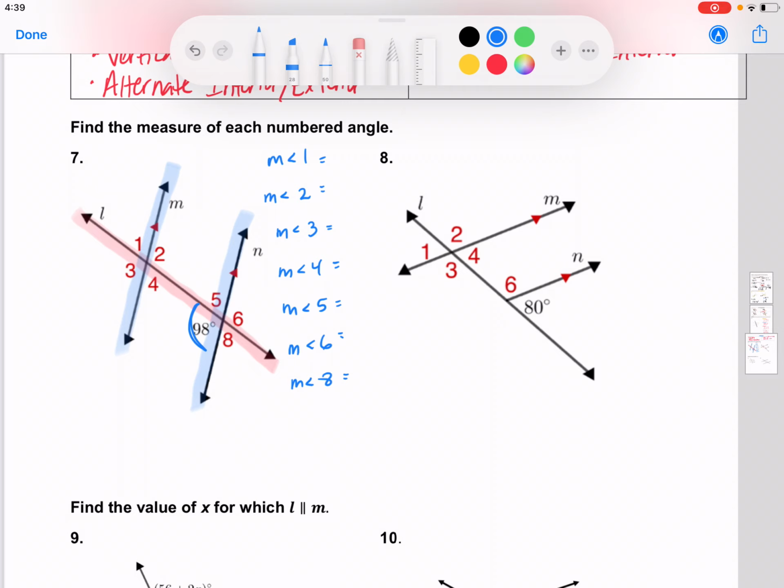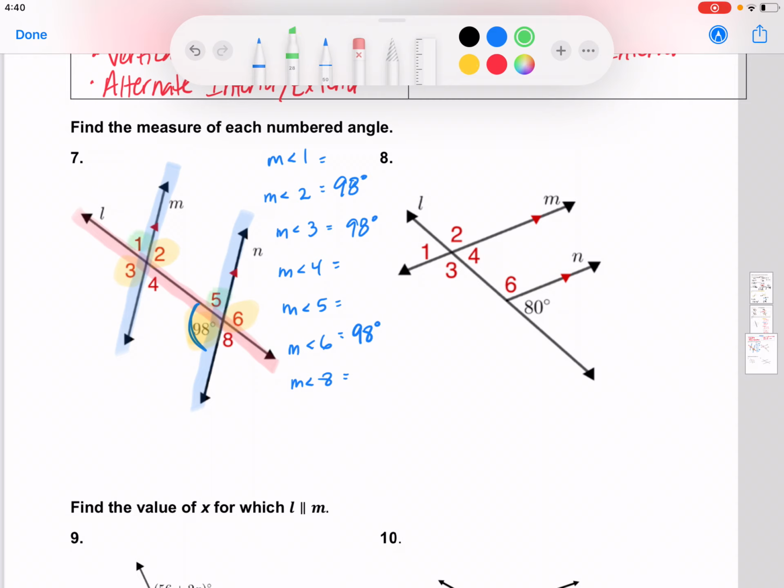What I like to do is find the ones that are all going to be congruent to that specific one we have. So we have 98 degrees. Vertical angles are congruent, so I know 6 is 98 degrees. And then alternate interior. This one, 98, is an alternate interior with angle 2. So it's also 98 degrees. 2 is vertical to 3, so I know those are also congruent. And that would be it. The rest of them, if you look, are all smaller.